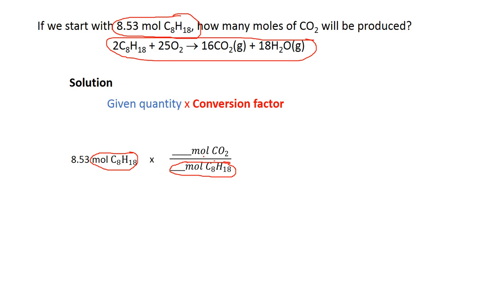At the top here, what we are looking for is to determine the moles of carbon dioxide. So we know down here we have moles of octane, which means up here we need to put the moles of carbon dioxide. Now, in terms of the numbers, what do we put?